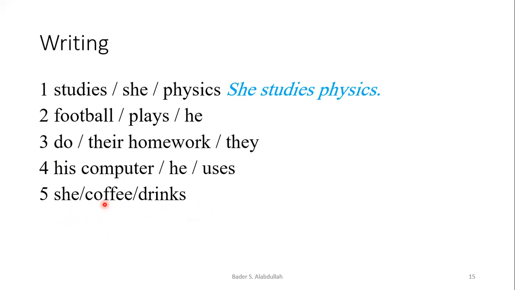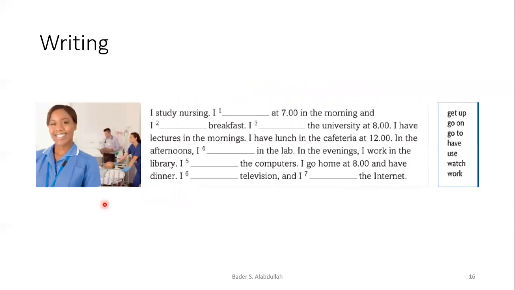Okay, so you have to look at these uncountable nouns in your future tests or exams or quizzes. Okay, now let's arrange these verbs in their corresponding positions or blanks in this text.